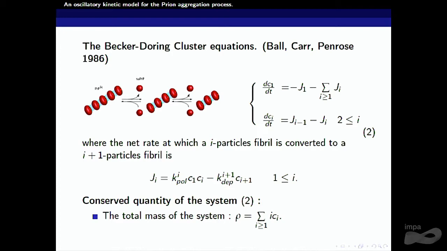And so we get this difference between these 2 rates. Also, in this system we have a conservation law: the total mass of the system is conserved through time. So this quantity is a constant.